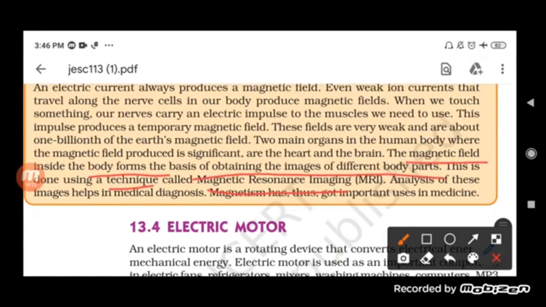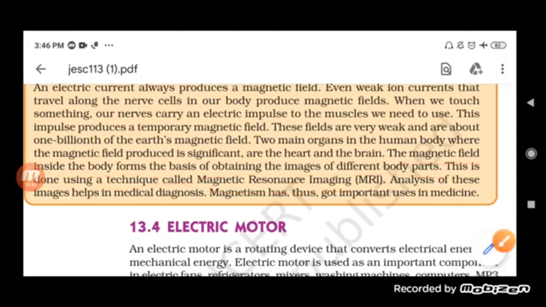This technique is called magnetic resonance imaging, and the images formed with the help of this are called MRI. It has a lot of uses in medicine. It is basically used to find out if any problem is there, and that can be easily found with the help of MRI. These days MRI is very common, students.